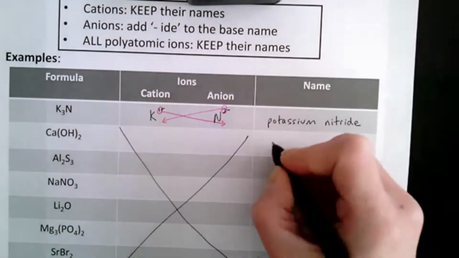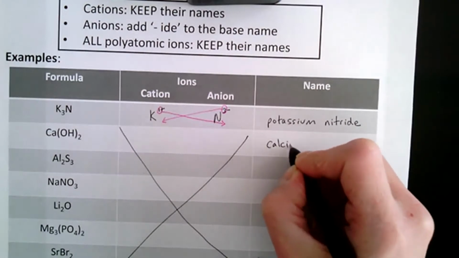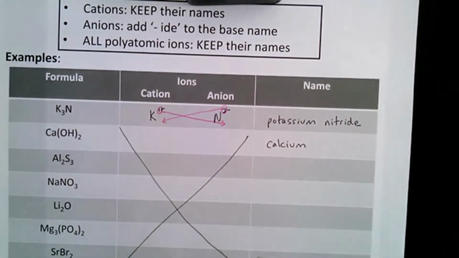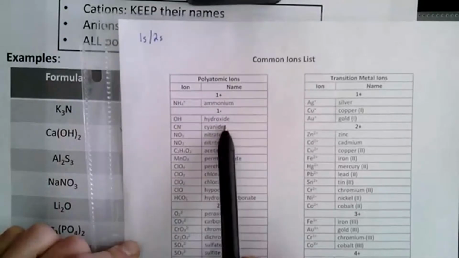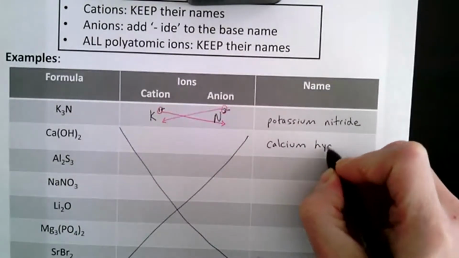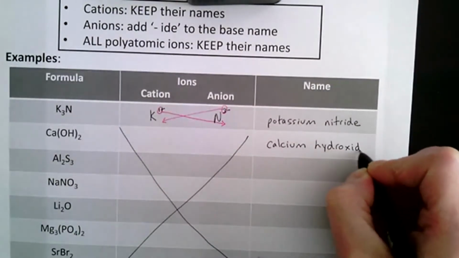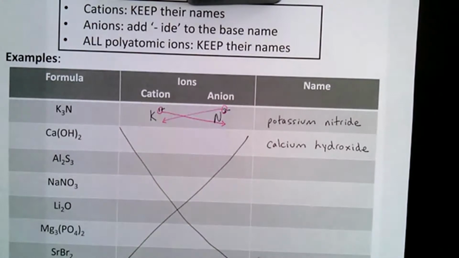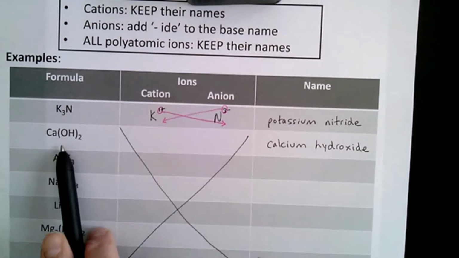I know that Ca is calcium. Again, if you're not sure what these symbols are, you use your periodic table. And OH must be a polyatomic ion. So I find it, and its name is hydroxide. I don't change that name because it's a polyatomic ion. They keep their name. So this is calcium hydroxide.